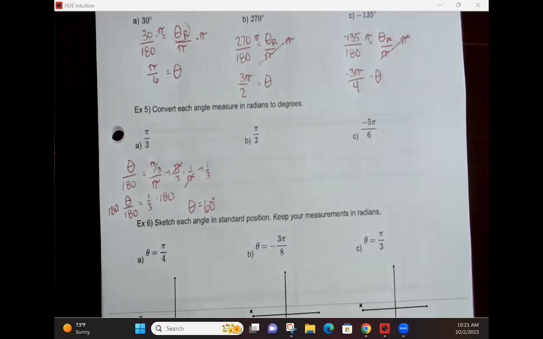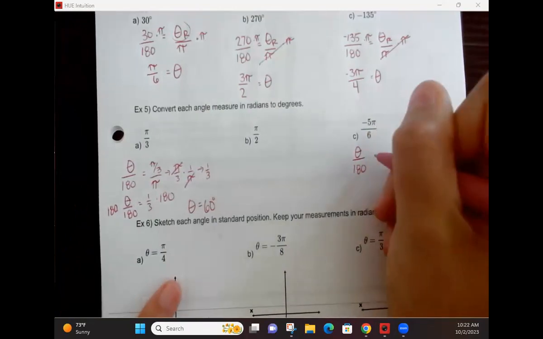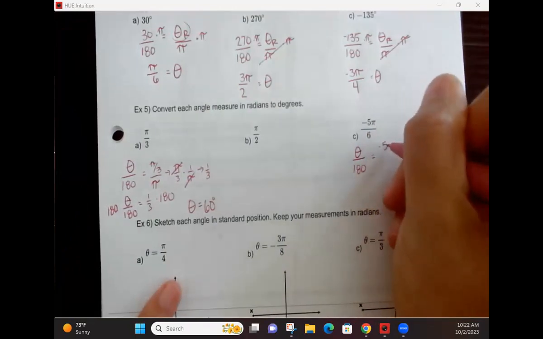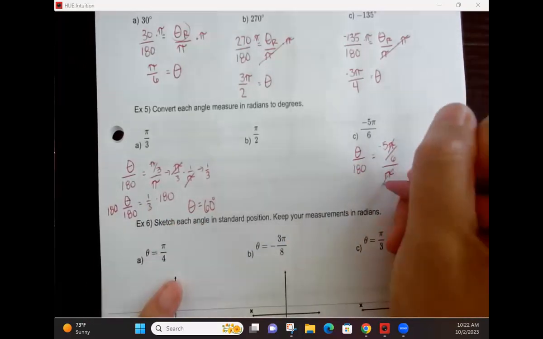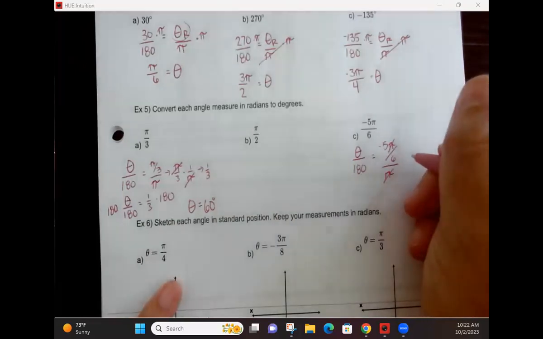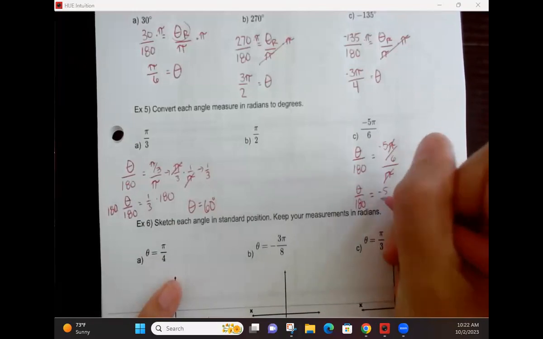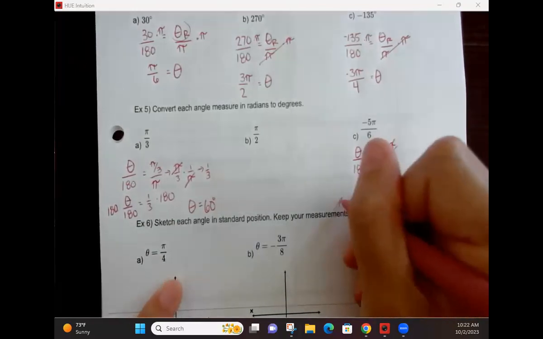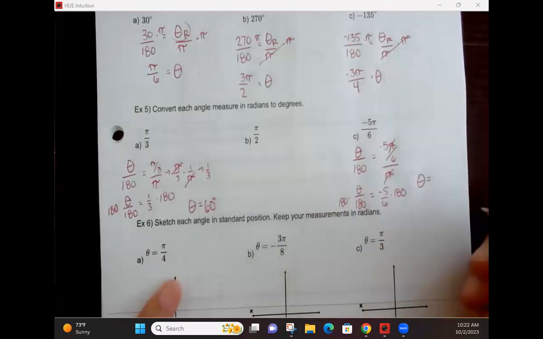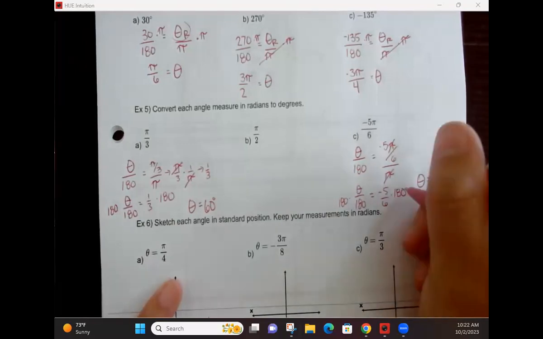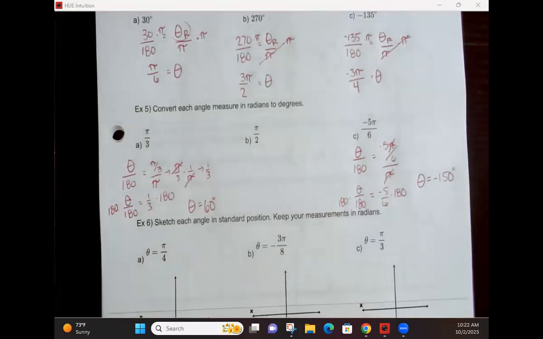I'm going to skip over B and go to C. This would be theta over 180 equals negative 5 pi over 6 over pi. We're going to get the same thing here where the pi's reduce away. And so we have theta over 180 equals negative 5 over 6. Multiply by 180 on both sides. And we get theta to be negative, this would be 30, so 150 in degrees.